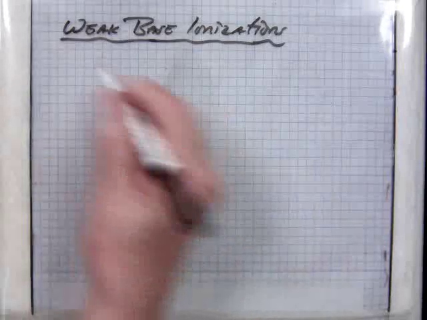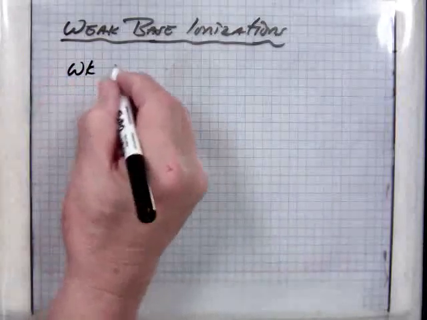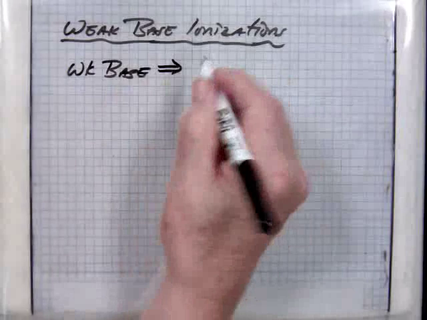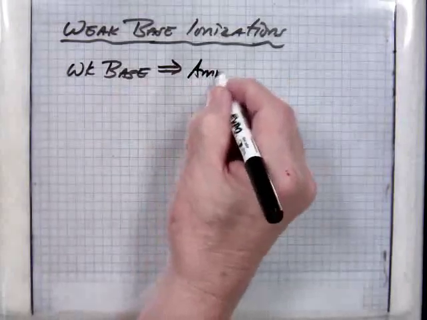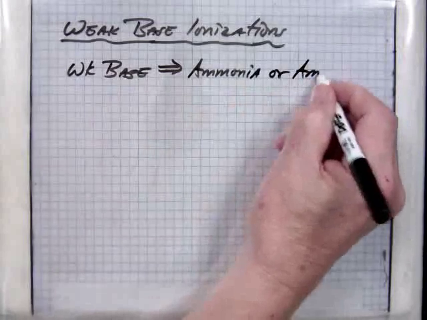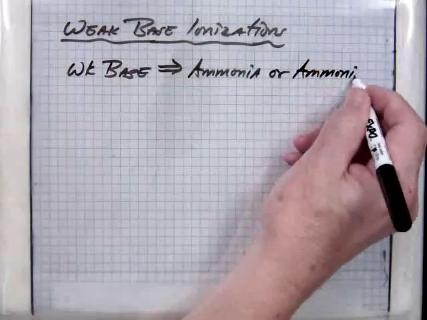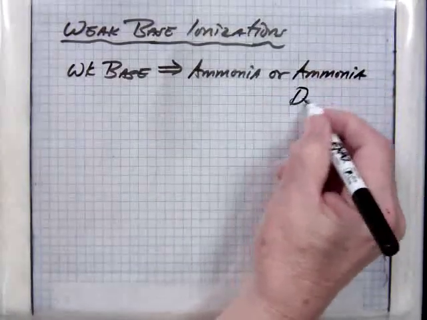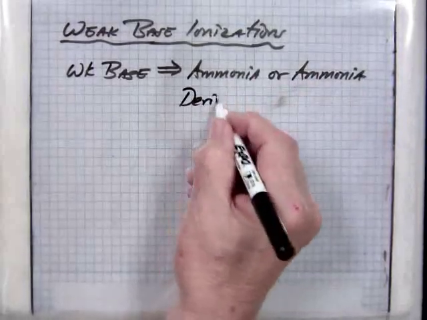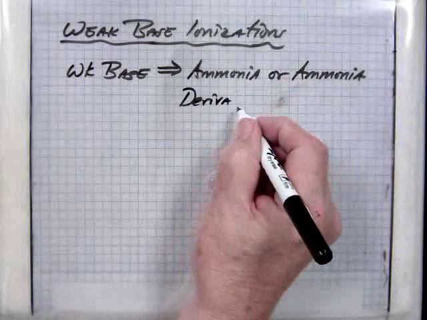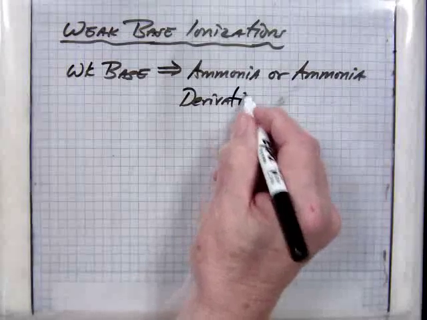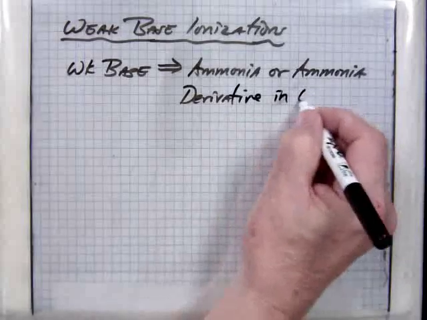So a weak base, as you recall, is an ammonia or ammonia derivative and water.